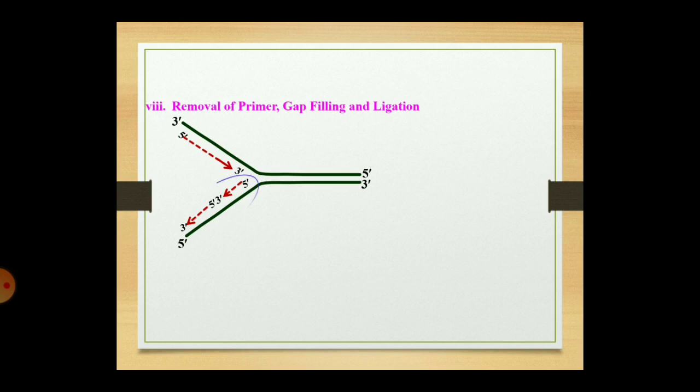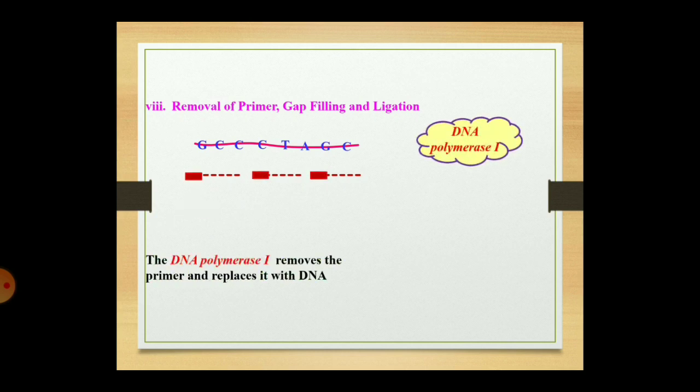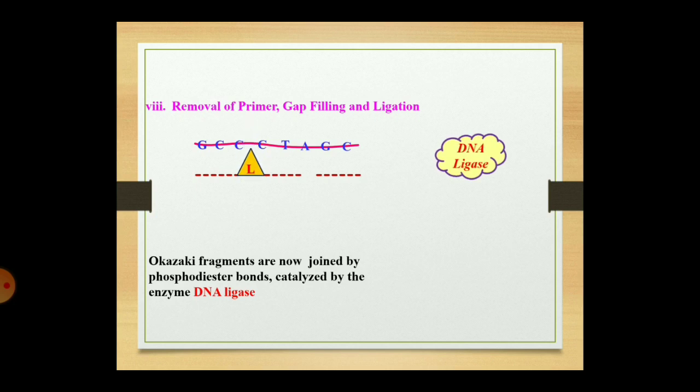The RNA primers are removed with the help of the DNA polymerase 1 enzyme, which replaces them with DNA. Then Okazaki fragments are joined by a phosphodiester bond catalyzed by the enzyme DNA ligase.